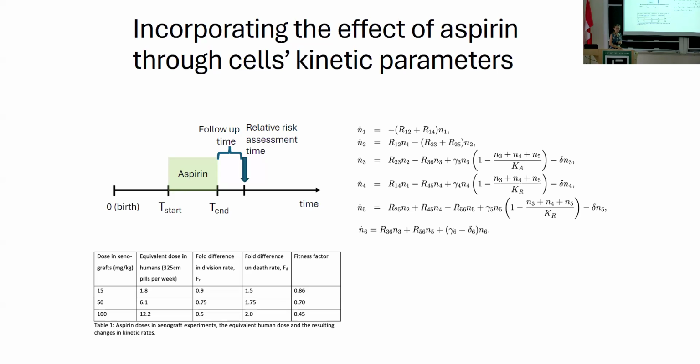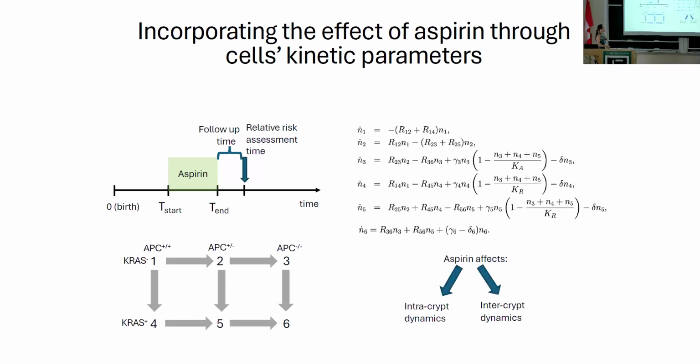And the way we change them is we translate our mouse studies into human parameters. So it was news to me, but there are tables out there that translate all the parameters from mice to humans. So the aspirin dose that was administered to mice by our colleagues, we were able to translate it into the number of pills per day for humans.